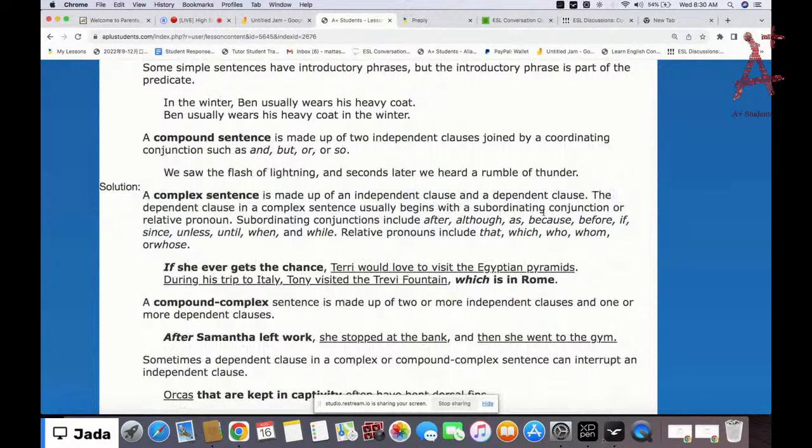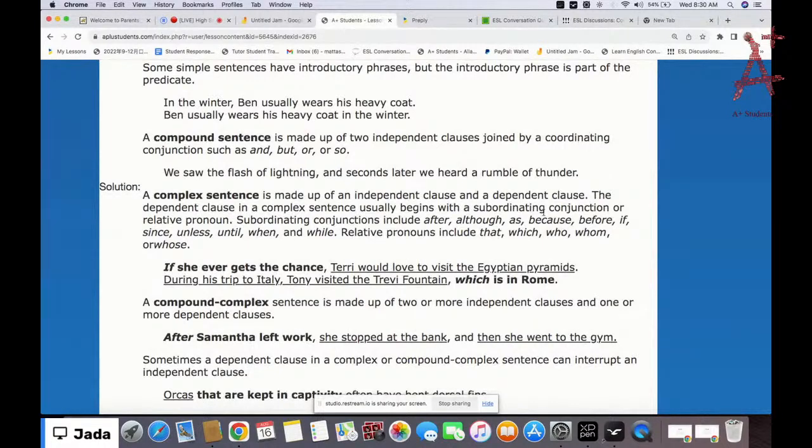So the dependent clause is in a complex sentence. In a complex sentence, usually it begins with a subordinating conjunction. So this is just like the same explanation we had for the last test.